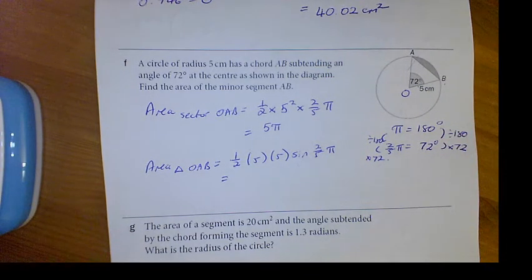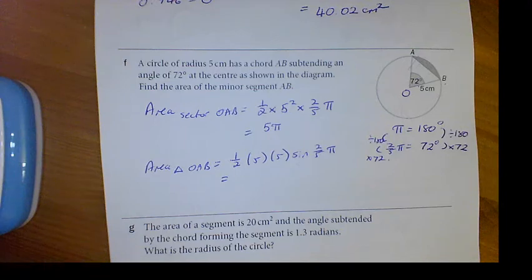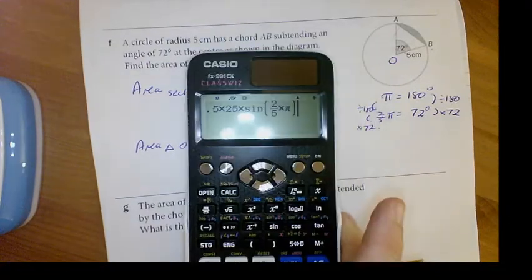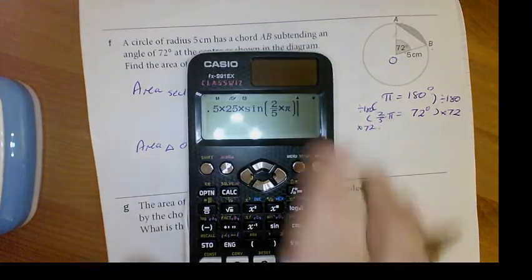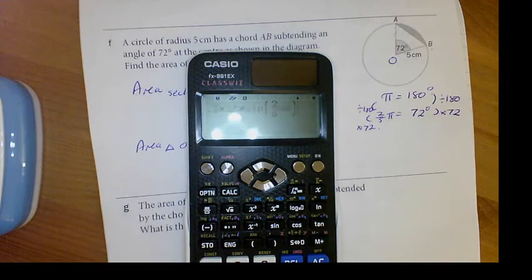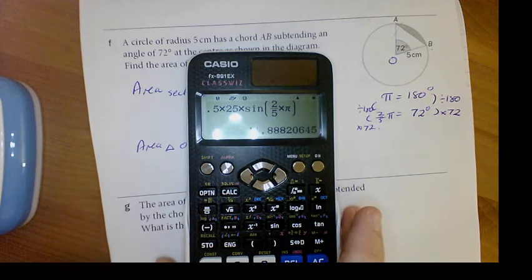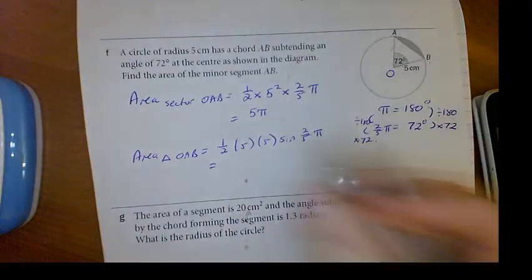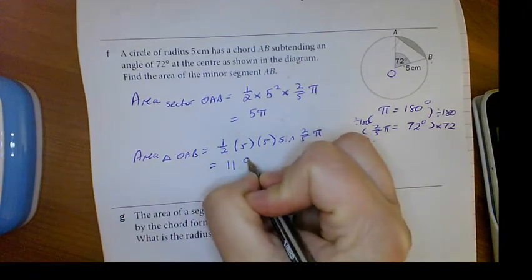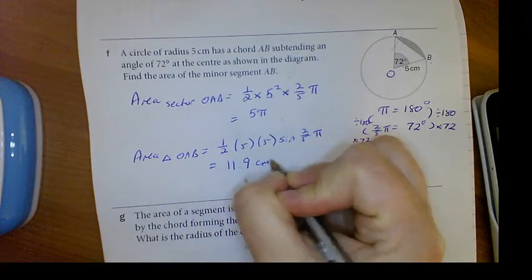So I get 0.5 times 25 times sine of 2/5 times pi. That times pi is actually in brackets because it's part of the angle. And that comes out to be 11.88, which I can summarize as 11.9 centimeters squared.